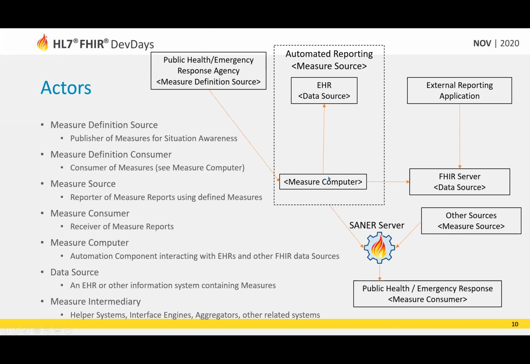And then you have the measure computer actor, which has a measure definition consumer and a measure source set of capabilities so that it can report measures and it can consume the measure definitions. It's able to interact with data sources, and these are just basically FHIR servers or something that has a FHIR API built according to a well understood national model.